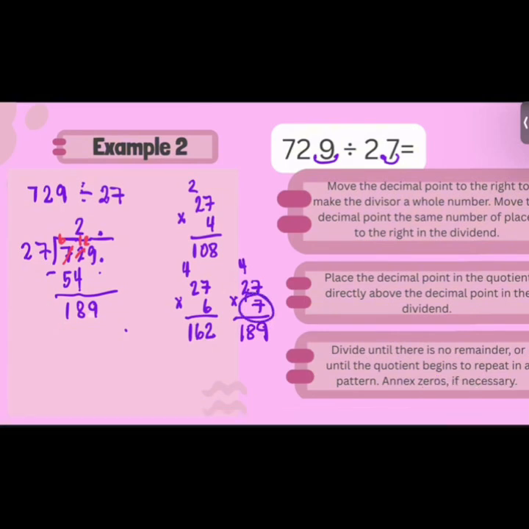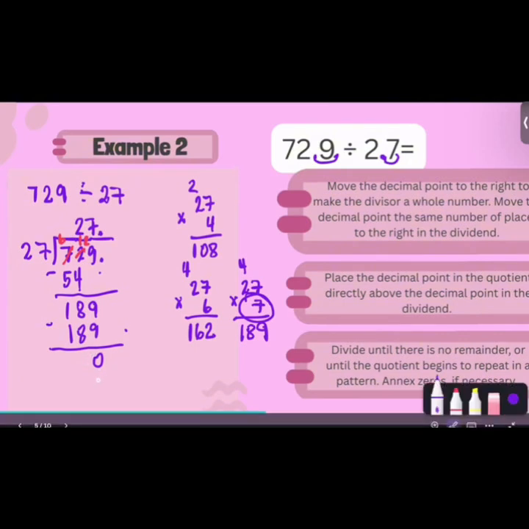So, 189 divided by 27. So, that is 7. And 7 multiply kay 27, that is 189. So, subtract. 9 minus 9 is 0. 8 minus 8 is 0. And 1 minus 1 is 0. So, now, since our answer is 0 already, we don't have any remainder.